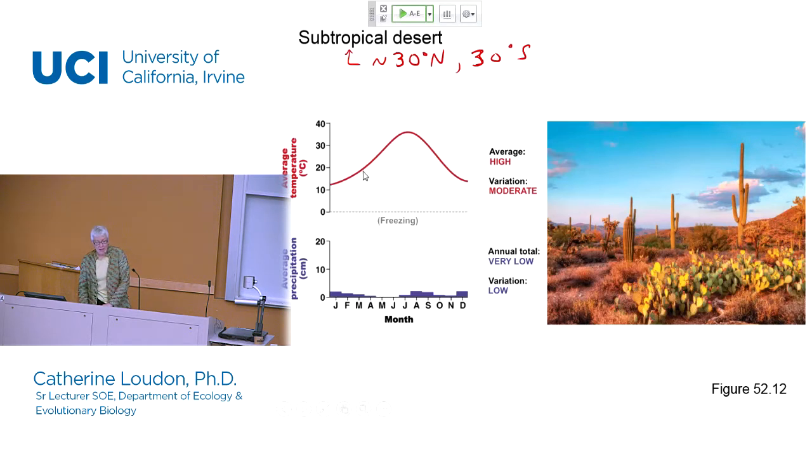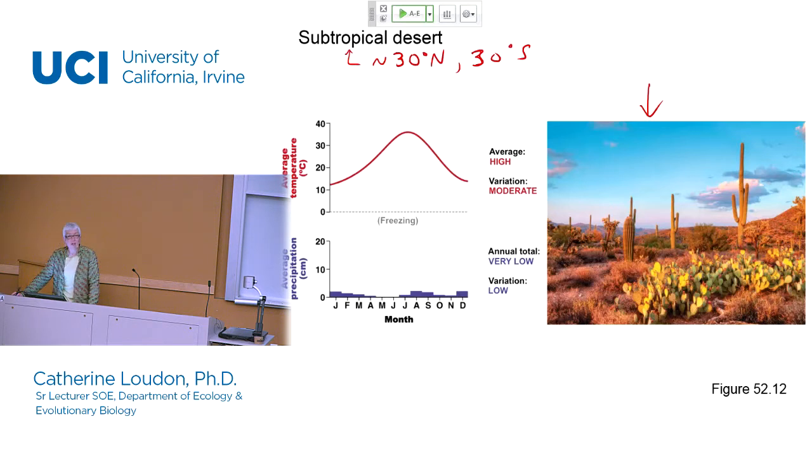Temperature is variable both at a seasonal level and also at a daily level, so it can be quite hot during the summer, but cooler during non-summer times, and there can also be cycles during the day.